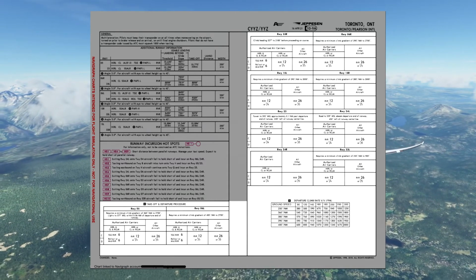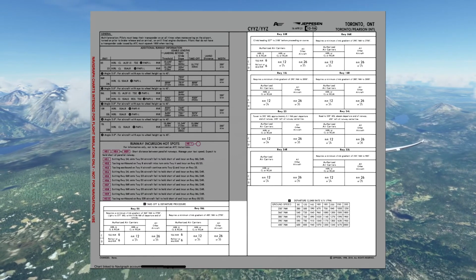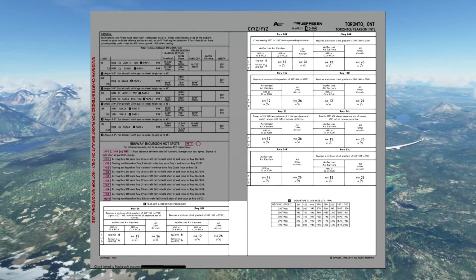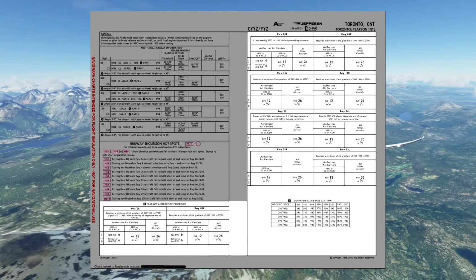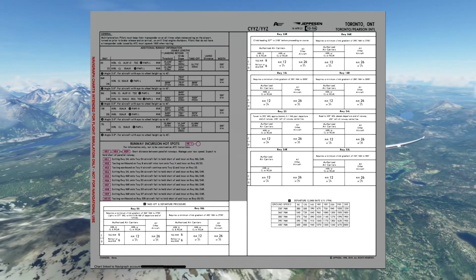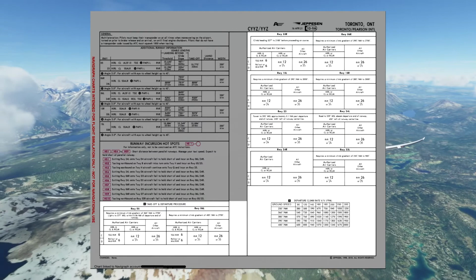And this comes into effect when you have obstacle clearance. So if you're flying in mountainous areas or really built up areas, you may see stuff saying the aircraft must be able to maintain a certain rate. That's so you're not interfering with the buildings. This is where that information would be listed.